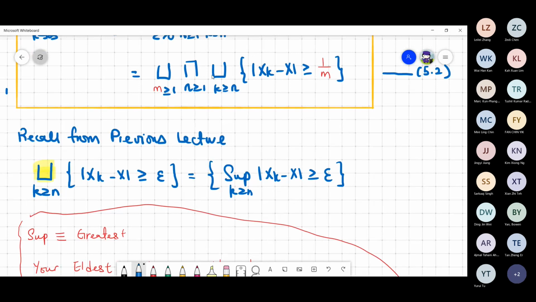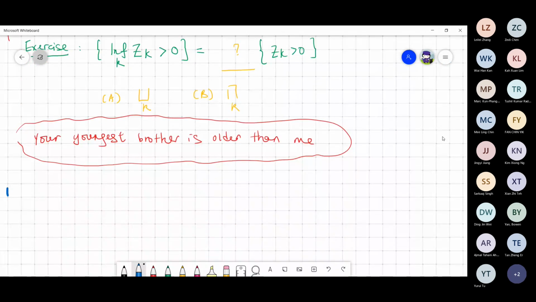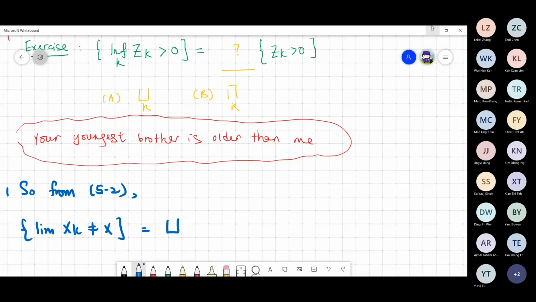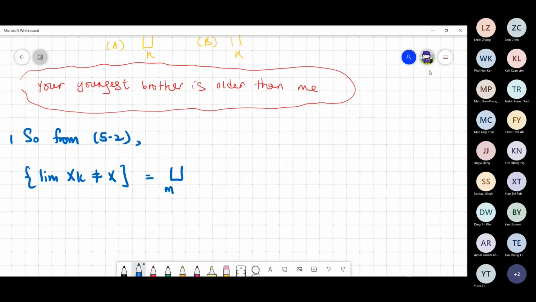Okay, so then you can see this one, 5.2. This is a union, so we can form 5.2. From 5.2, we can have this: the limit of x_k not equal to x is equal to the union of, okay, we actually have two.